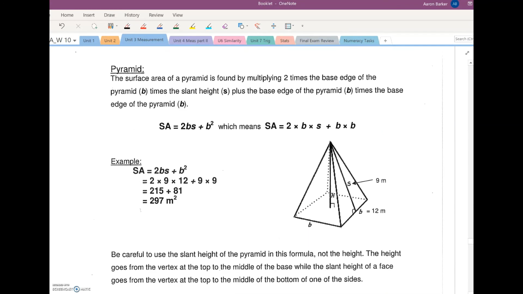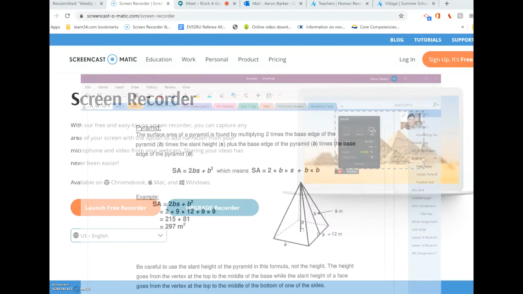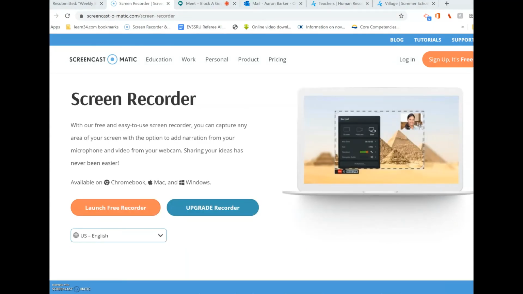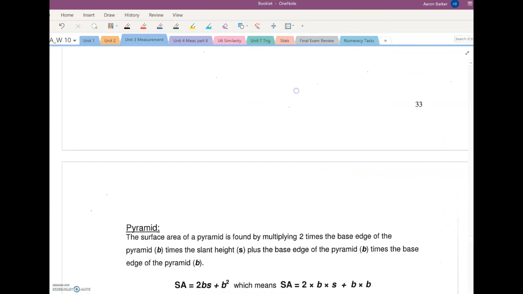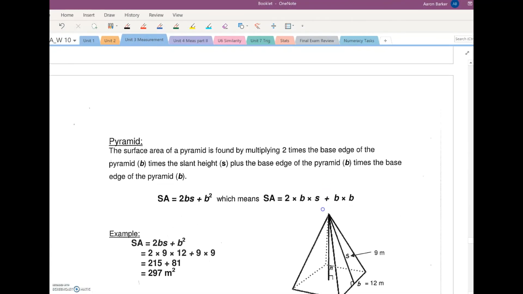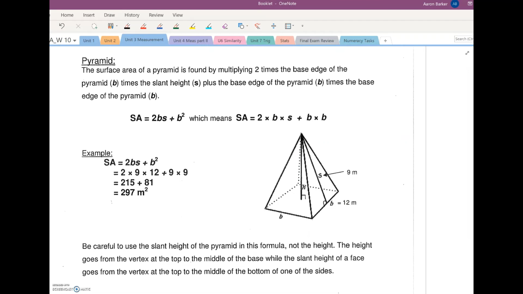Pyramid. We'll go over the pyramid in one second. Okay, our last question here is the surface area of a pyramid. It's the very last one. So for a pyramid, what you're going to do is find the area of all the shapes. The first part is there's a square bottom.